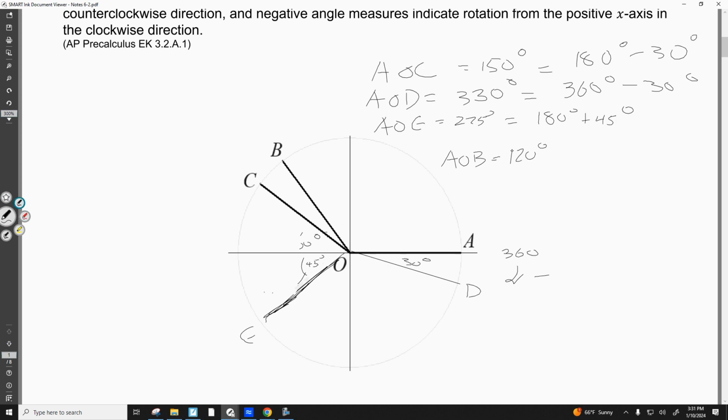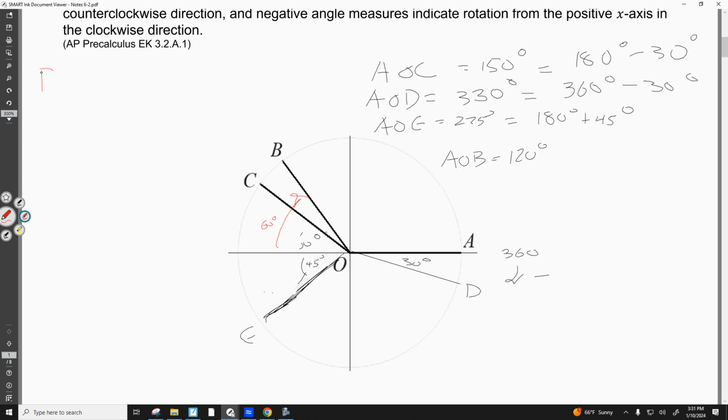However, for the purposes of the future of this unit and the future of this semester, I would like you to say that angle AOB has a reference angle of 60 degrees from the x-axis. This reference angle is the most important part of the rest of this unit. Not the y-axis.